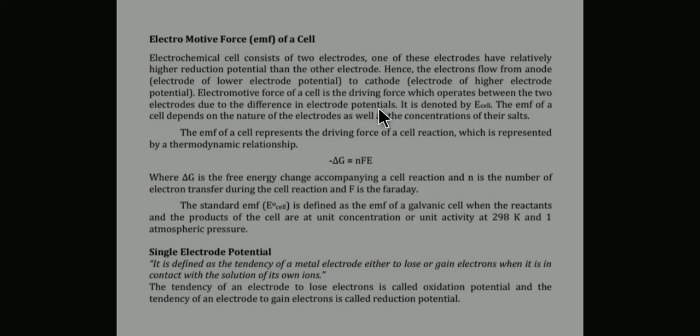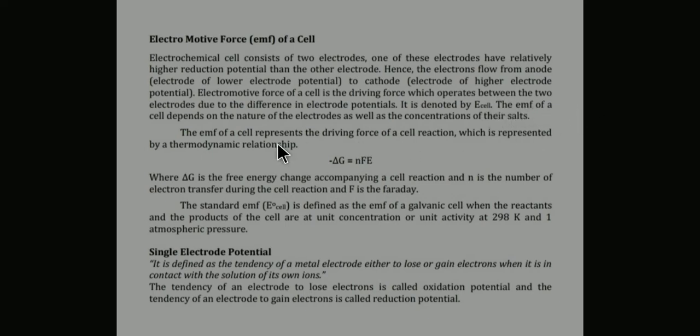As you have two different electrodes there, when there is a potential difference between the two electrodes, then an EMF arises. Okay, that is the driving force, and it is denoted by E cell; that is, electrode potential is denoted as E, and there you have to write cell.